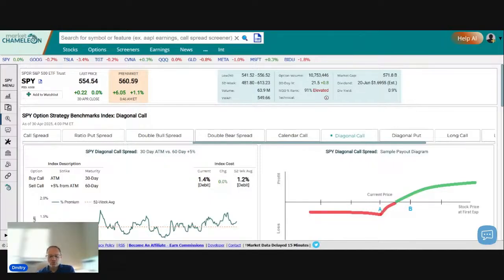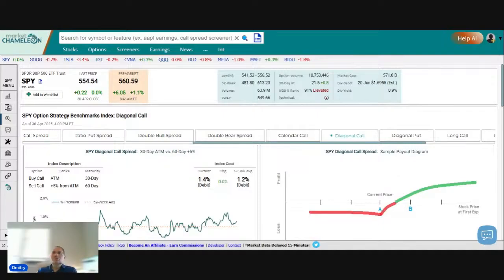We've talked about vertical spreads, which involve two different strikes within the same expiration. So with a call spread, you're buying one strike and selling another in the same expiration. And a time spread we discussed involves two different expirations but the same strike. So you would maybe buy a call with one strike in one expiration and sell a call with the same strike in a different expiration.